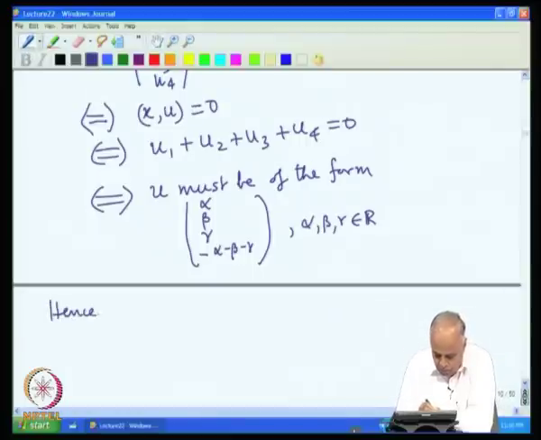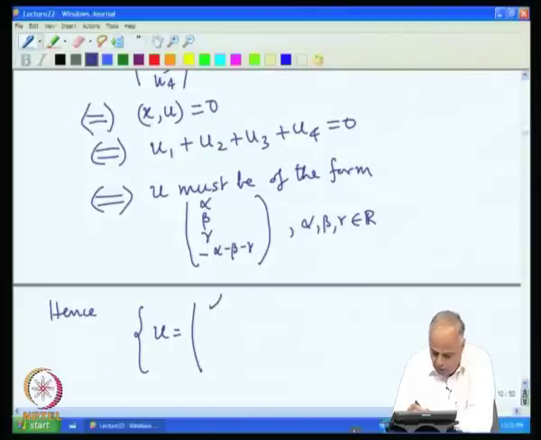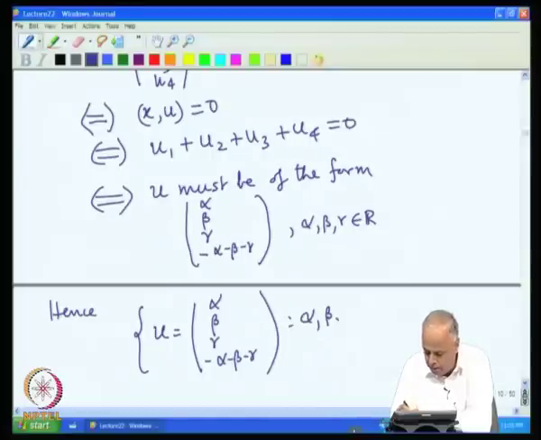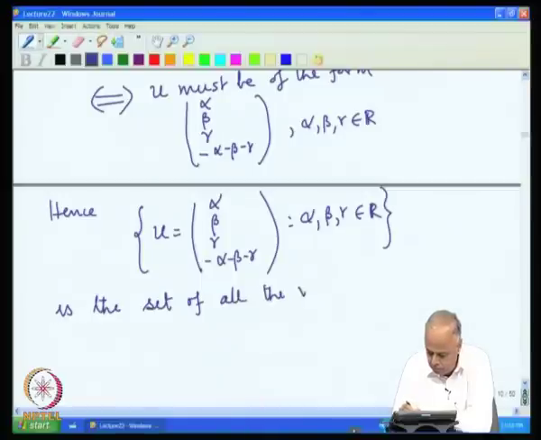Hence, the set of vectors of the form u equal to (alpha, beta, gamma, minus alpha minus beta minus gamma), where alpha, beta, gamma are real numbers, is the set of all the vectors orthogonal to x.